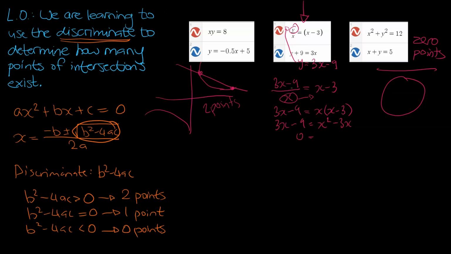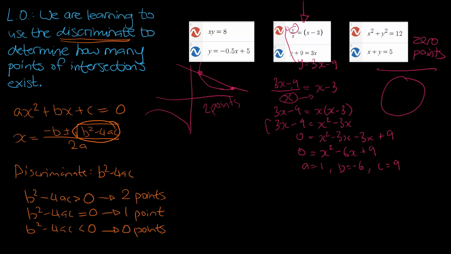And from here, we can look to simplify. So let's move everything on this side to the other side. So that positive 3x becomes minus 3x. So we've got x squared minus 3x minus another 3x plus 9, which is the opposite of that, minus 9. So that means 0 is going to be equal to x squared minus 6x plus 9. From here, we do have our a, b, and c values. So a is equal to 1, b is equal to negative 6, and c is equal to 9.